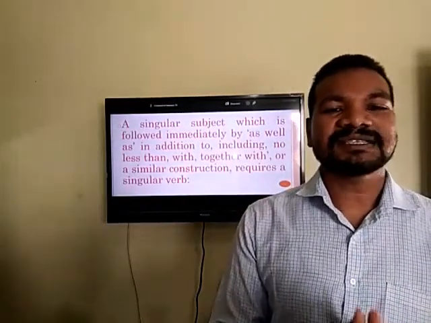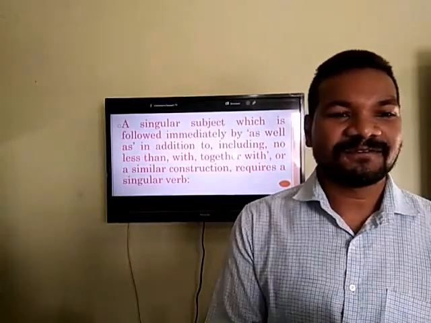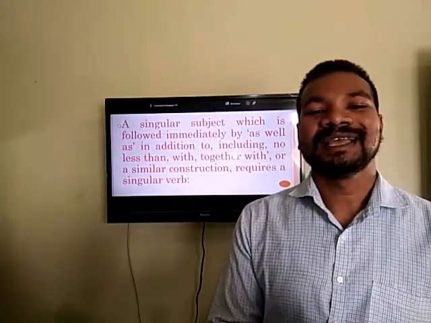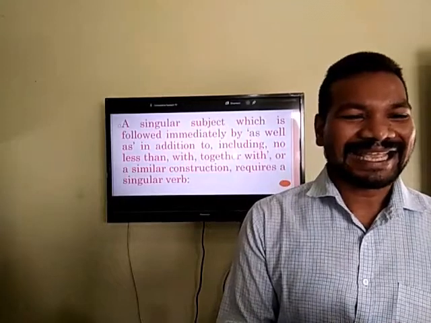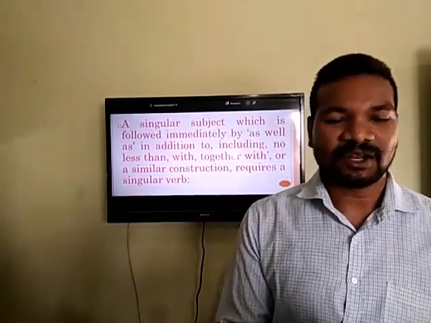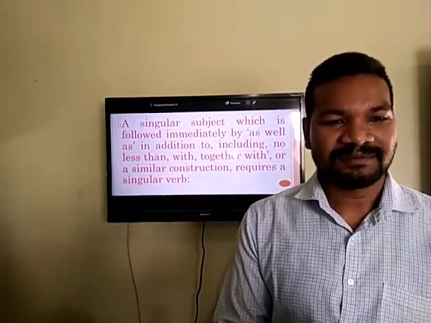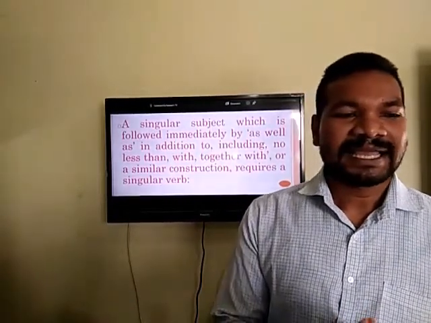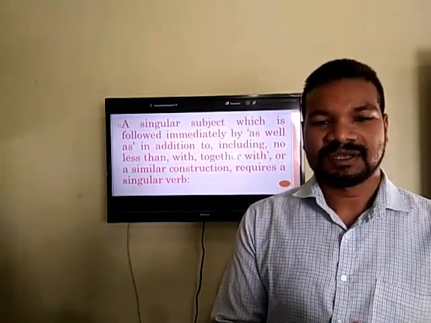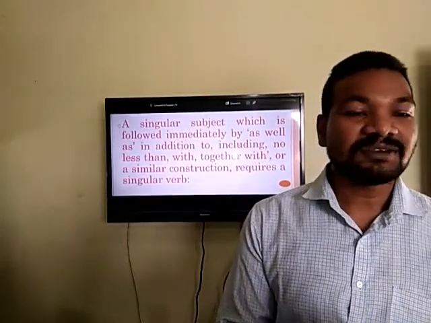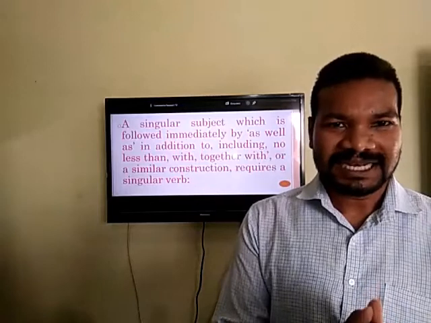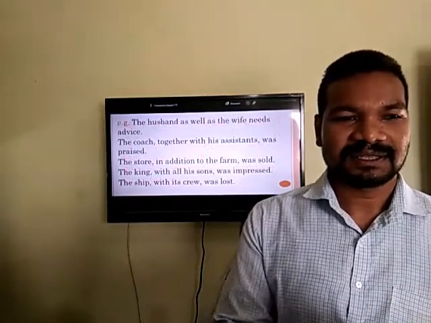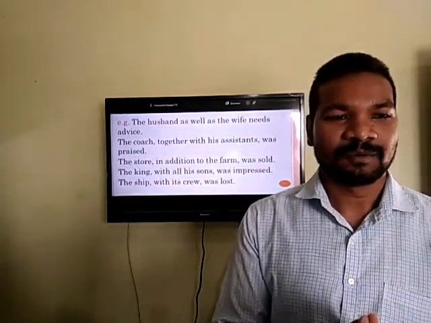A singular subject which is followed immediately by "as well as," "in addition to," "including," "no less than," "with," "together with," or a similar construction requires a singular verb. Let's see the examples, then we'll understand more.